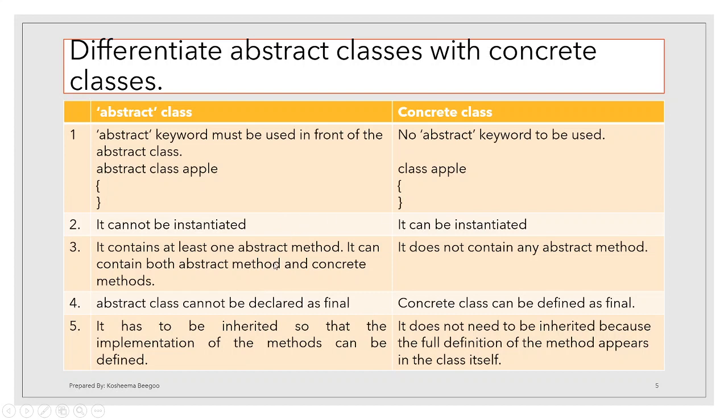An abstract class would contain at least one abstract method. If we have one abstract method, the class has to become abstract, and we have to put the abstract keyword in front of the class. Whereas a concrete class does not have any abstract method. An abstract class cannot be declared as final, but a concrete class can be defined as final. An abstract class has to be inherited, whereas with a concrete class, we can decide to inherit it, or we can decide not to inherit its properties and behavior.